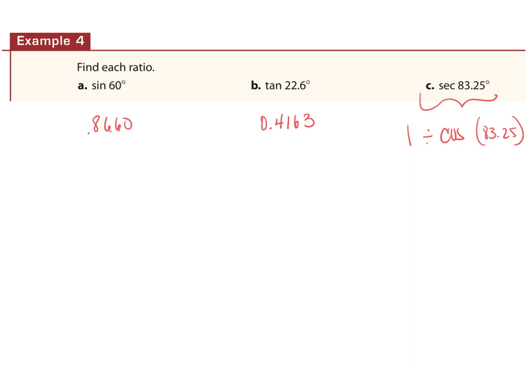Or you may have an x to the -1 button on your calculator. That is reciprocal of x, all right? So if on the left-hand side you have an x to the -1, you can do your cosine and then do that button and it'll reciprocate it for you. Either way, you should get approximately 8.5079 when you round it.